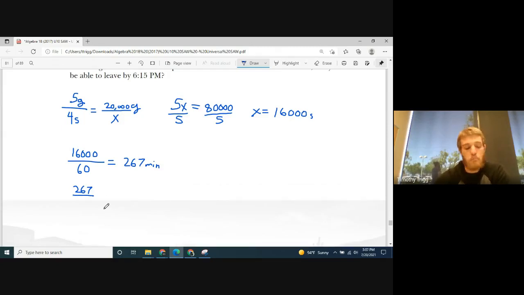Okay, you should get 4.4 repeating, something like that, 4.45. But what I want to do is I'd rather do it in how many wholes and then how many remainders. So how many whole hours will there be? Well, that would be 4 whole hours, which, as a side note, is 240 minutes.